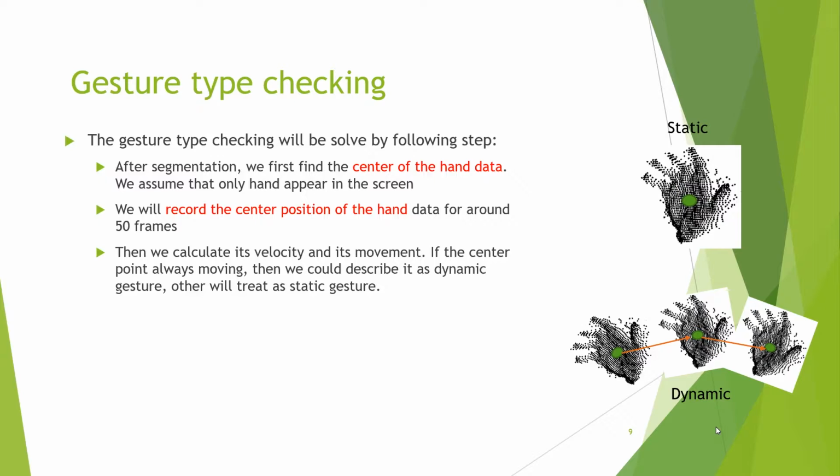Basically, for static gestures the hand is not moving a lot, so we just use the center of the hand data, which is the palm point that we got from the previous method. We record 50 frames and calculate its velocity or movement. If it's below some threshold, it means the palm point or the hand is not moving a lot, and if it's higher than the threshold, it means the hand is moving a lot.